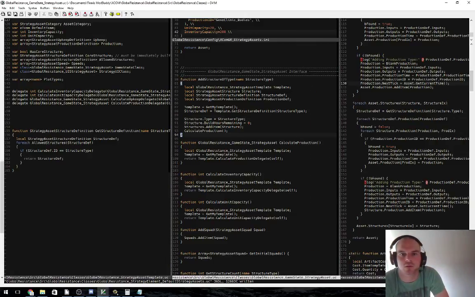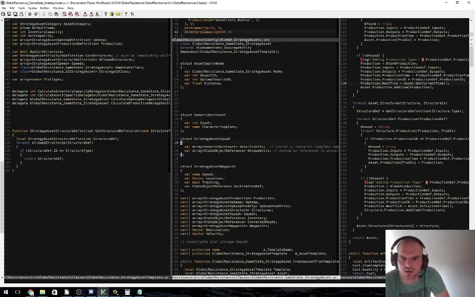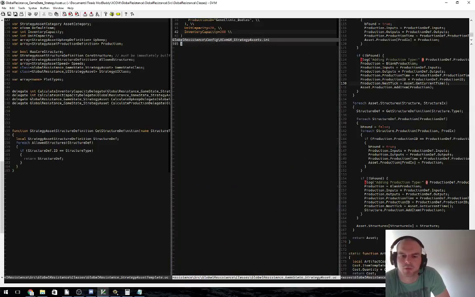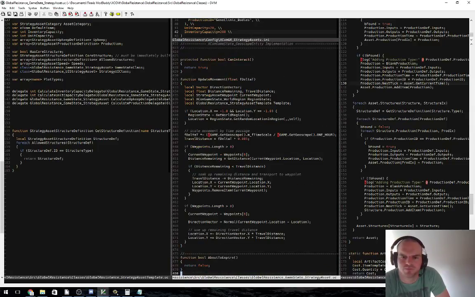Alright, so strategy assets themselves need to have a next tick. We have this concept of updating, which is for movement. So that's only if it's a mobile thing.